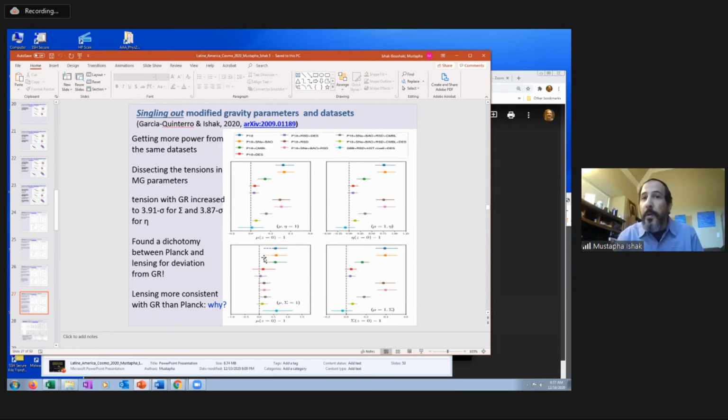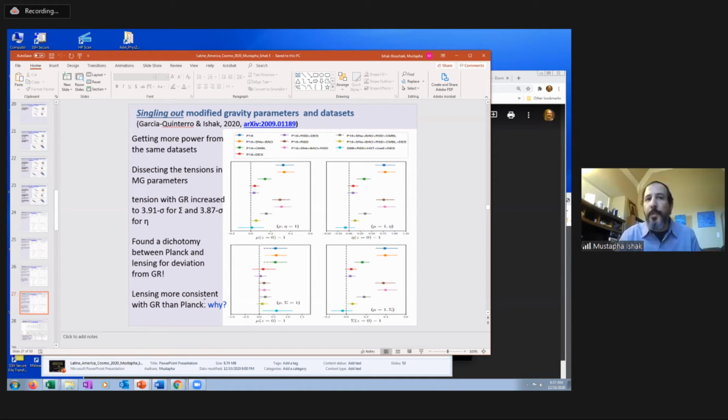The tension goes away. We did explain a little bit in this paper here that this can be related to the fact that Planck has difficulties in constraining sigma correctly, but this is work in progress.